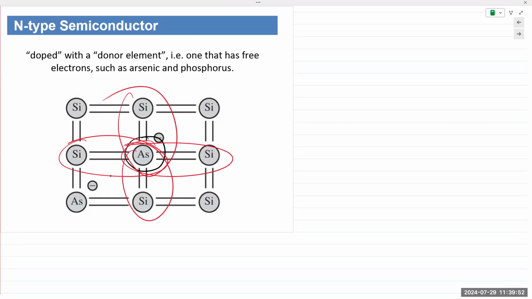So now we have created a material that has an excess of negative charge. It does not create an ion, because remember, the arsenic atom already has an equal number of protons, or positive charge, to balance out those negative charges. The negative charge is extra, coming from that electron, and that electron is free to move about the structure.